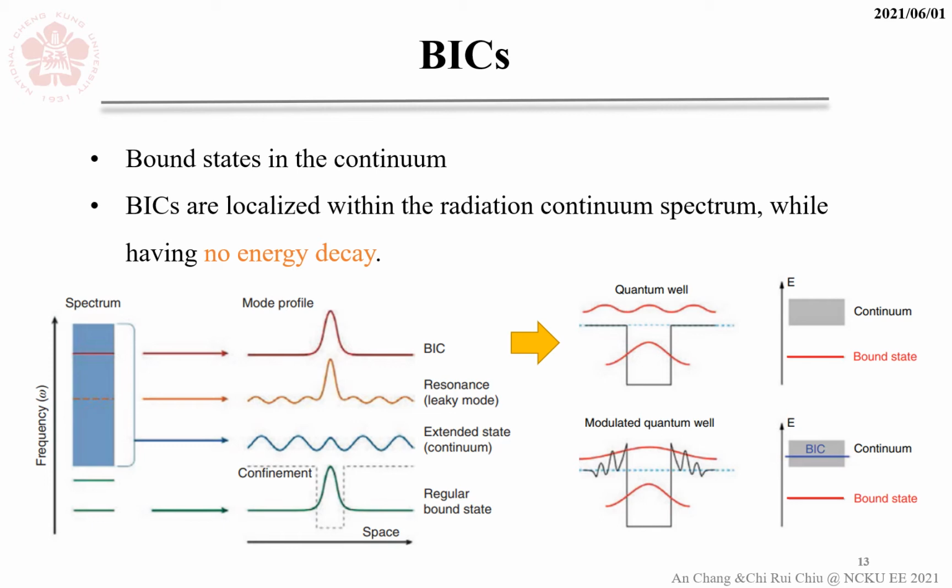The upper part is a conventional quantum well, and the regular bound state is below the spectral range. When we modulate the potential of the quantum well with spatially bound oscillations, this situation allows for localization of a bound state within the continuous spectral range. That is the BIC shown in blue.